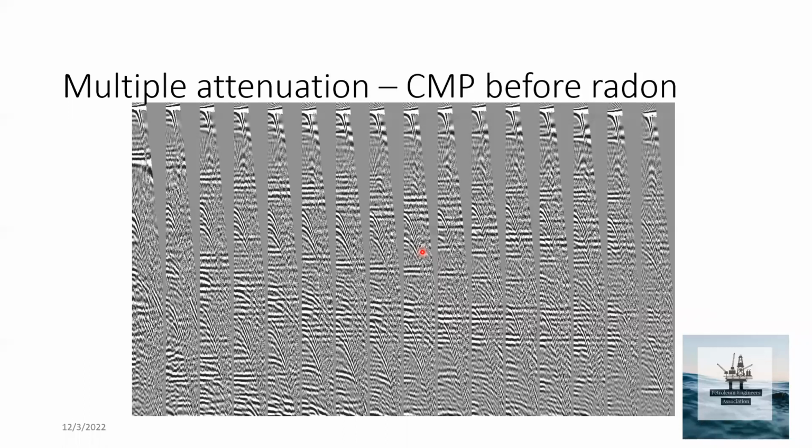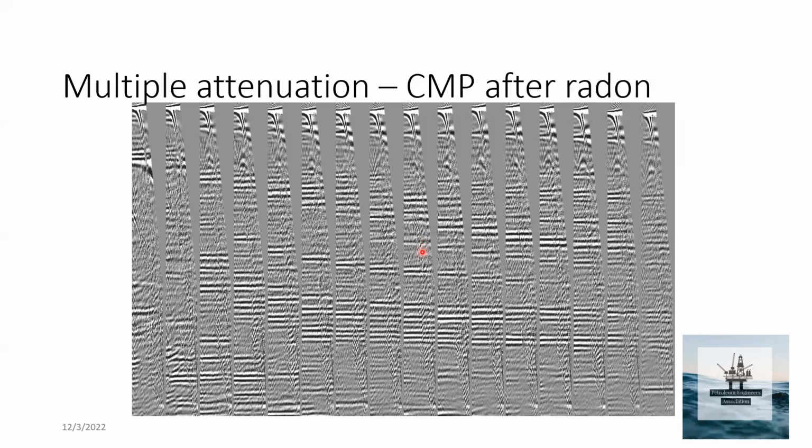The multiple, from its name, is reflected more than one time, so it takes double the time of the main reflection. It takes more distance, so it will be slower, or take the hyperbolic shape. This figure is after removing these multiples.